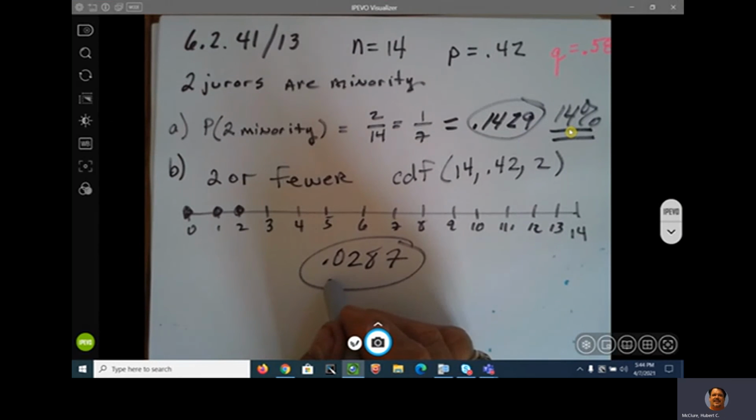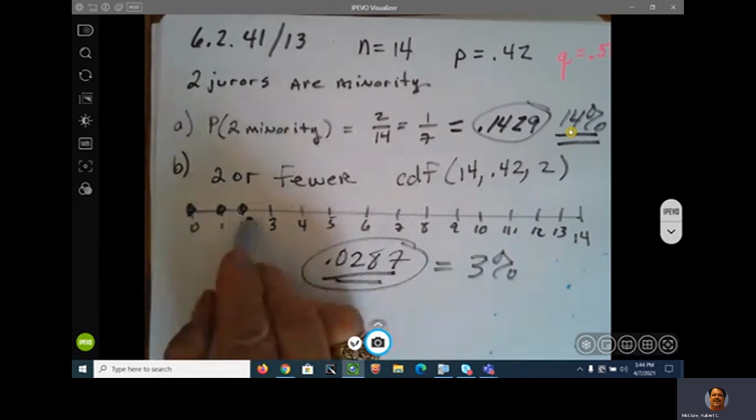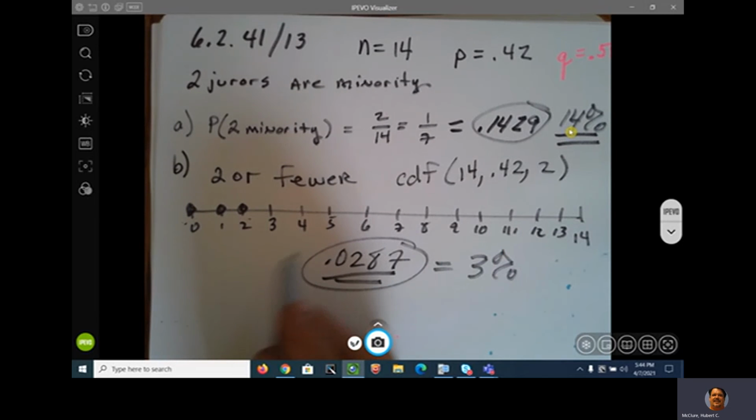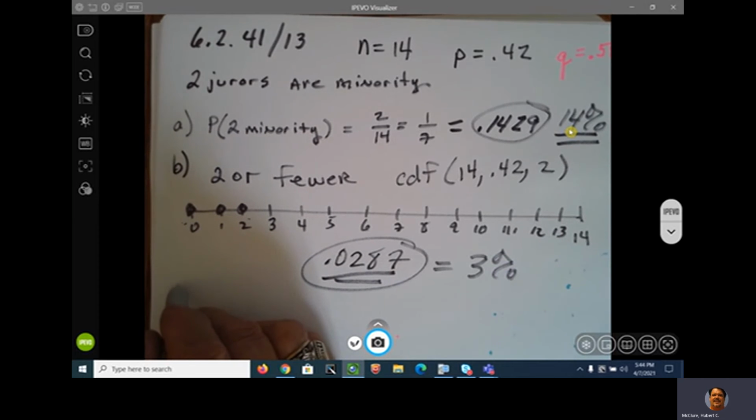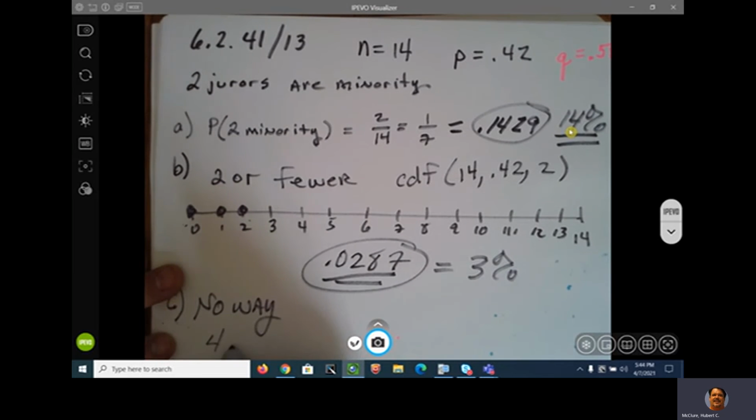And then you've got a 2 or 3% chance that 2 or fewer minorities were going to be on the jury. If I was a lawyer representing somebody of the minority, I would say, no way. We've got what, 4 million people in this town?